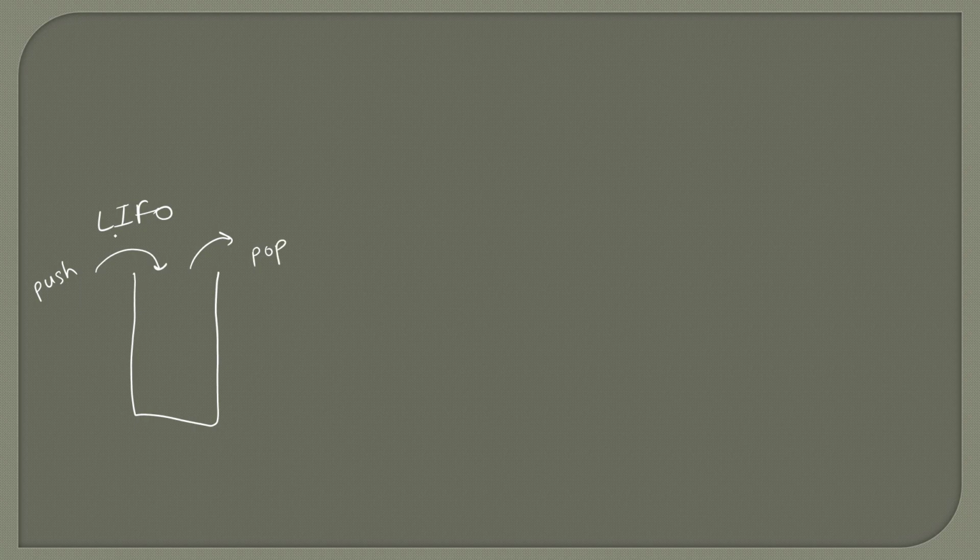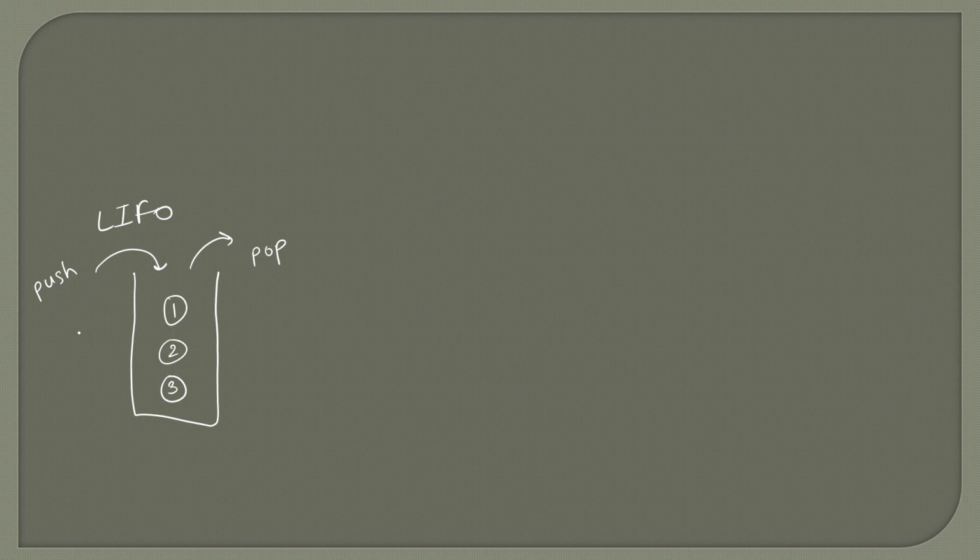So the element which is last inserted is the first one to be removed. For example, if we insert 3, then 2 and then 1, the last element which got inserted was 1, so this would become the first element to be popped out.